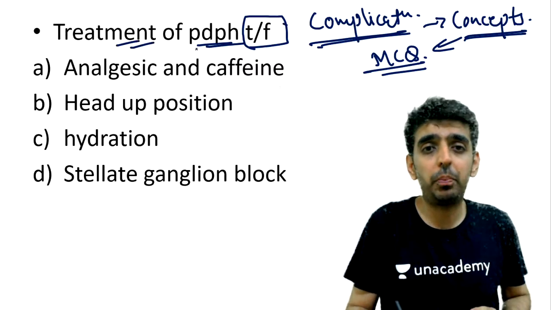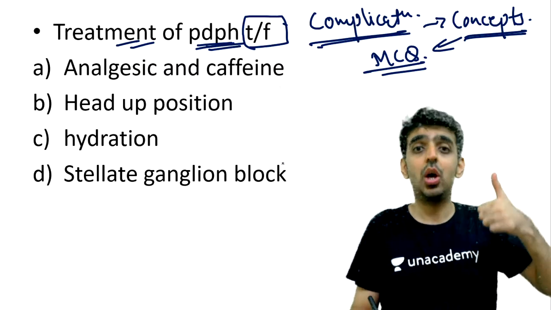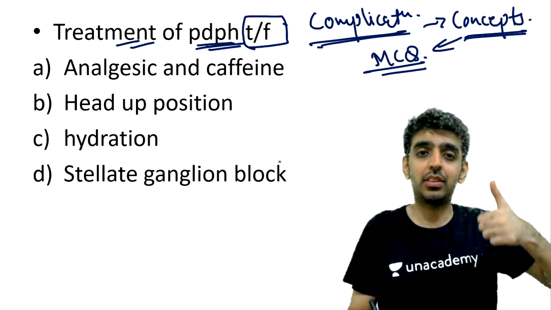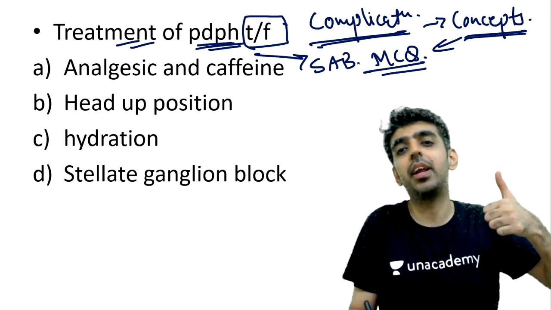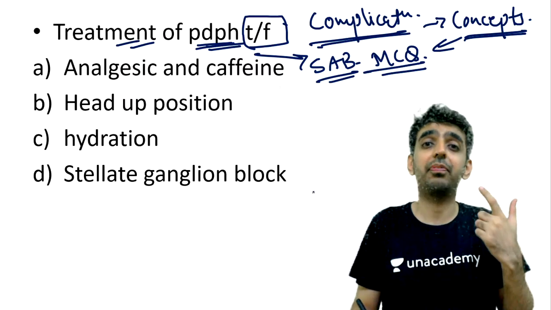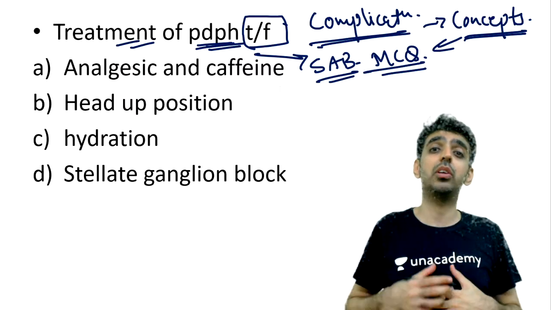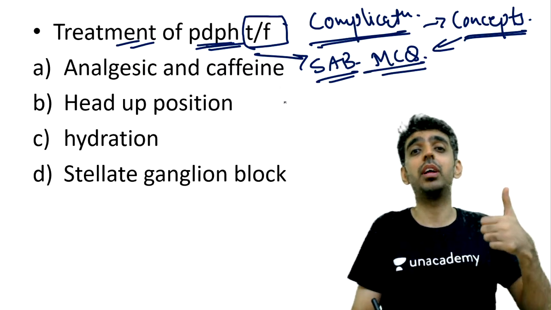The treatment for PDPH. PDPH is post-dural puncture headache. When does it start? You will see that the patient has received a subarachnoid block, that is spinal. Which are the patients who are more prone to that? Yes, the elderly female or the female who is pregnant.